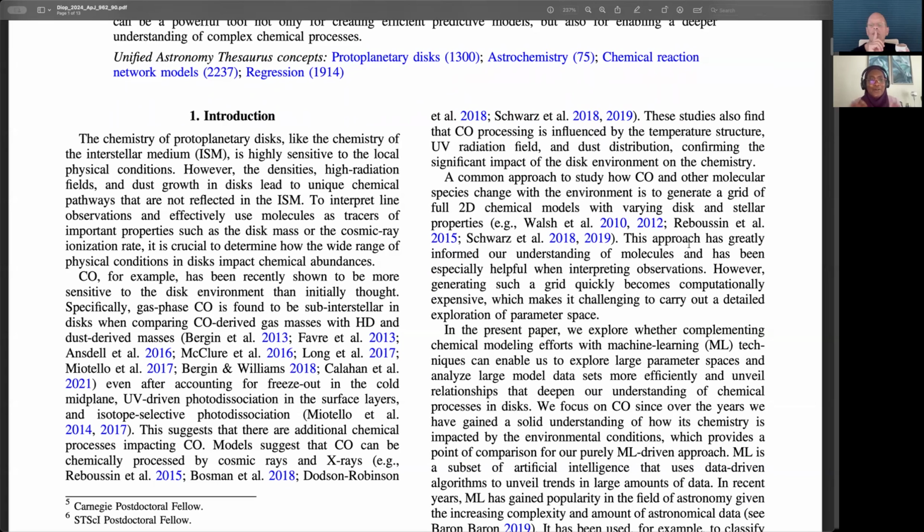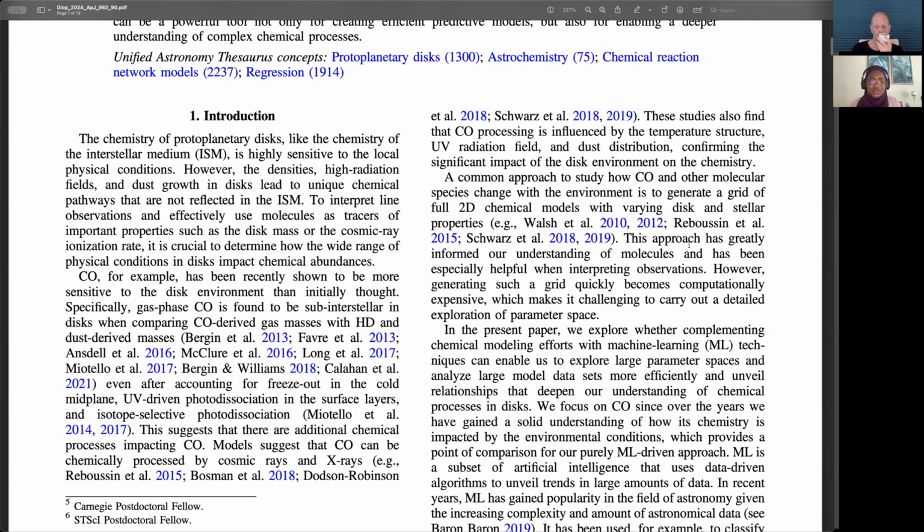And disks are also quite complex because they have these gradients in the densities, in the radiation fields, in the dust evolution, and that impacts the chemistry a lot. So if you want to use molecules to effectively probe a lot of quantities that we're interested in, we really need to understand this interplay between the chemistry and the physical conditions.